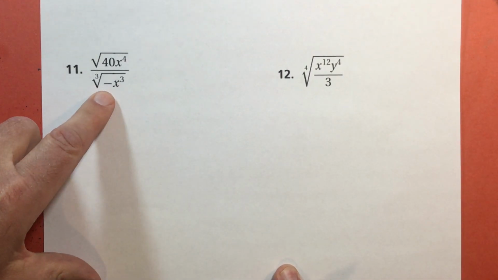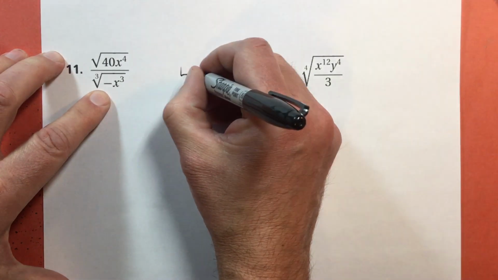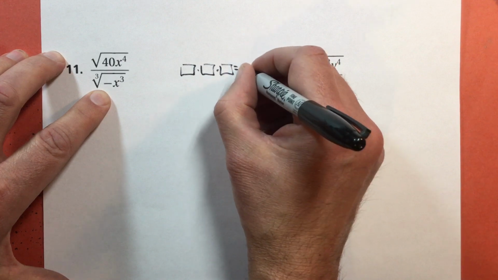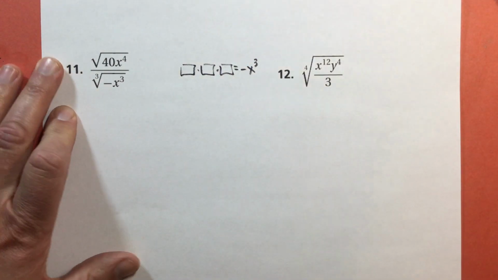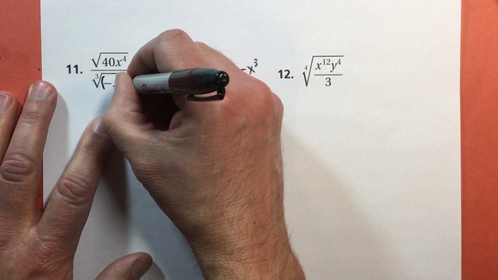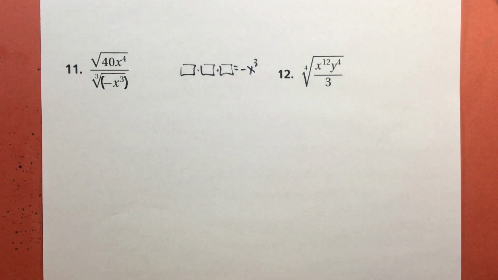The denominator might actually be easier to start. This is saying what number times itself again equals negative x cubed. All right? And one thing I mentioned about parentheses, radicals have implied or hidden parentheses.